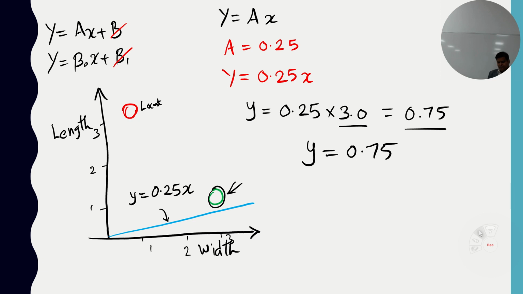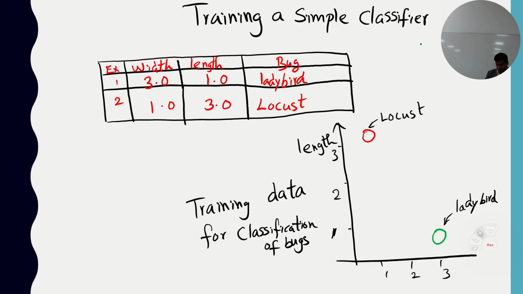But it is kind of small for us, because we know that the actual length of that bug is actually 1, right? If you look back, for the ladybird the length is 1 actually.